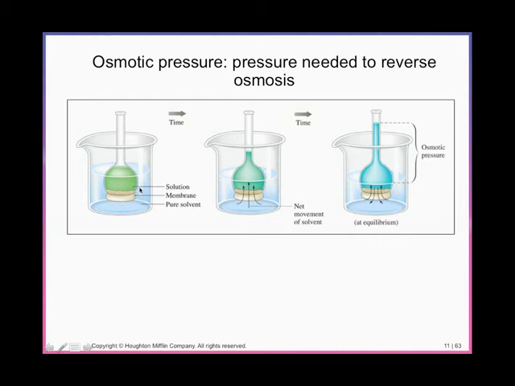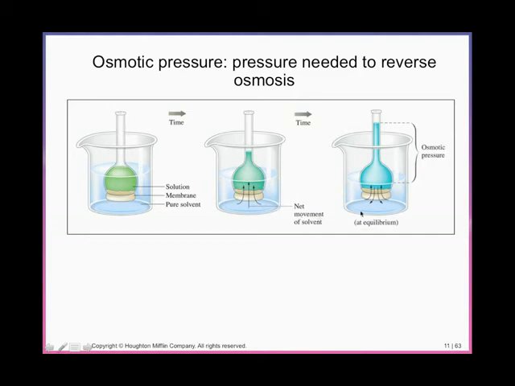So we set this up like that, and over time what happens? Well, water can move freely in both directions, in and out of that membrane. What we find happening over time is, though, more water enters through the membrane into the solution than comes out. One reason for that is there's simply more water molecules lined up on this side of the membrane than on the inside of it.